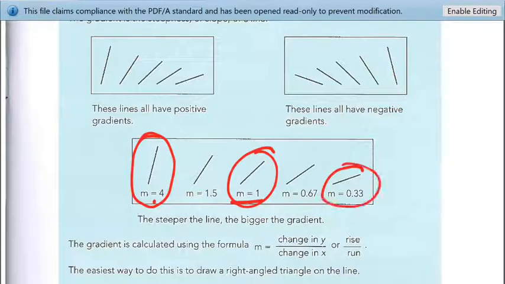And this one's even further down. The gradient of that is 0.33. Higher number you're going to get, exactly. If it's very sharp, then you're going to get a higher number than if it's not quite as steep a hill. Don't worry about the calculation of using the formula there. We'll come back to it.